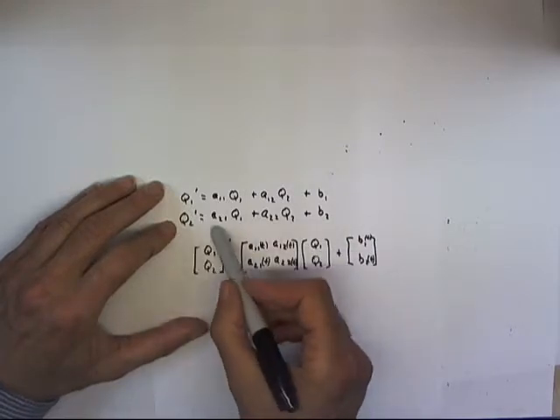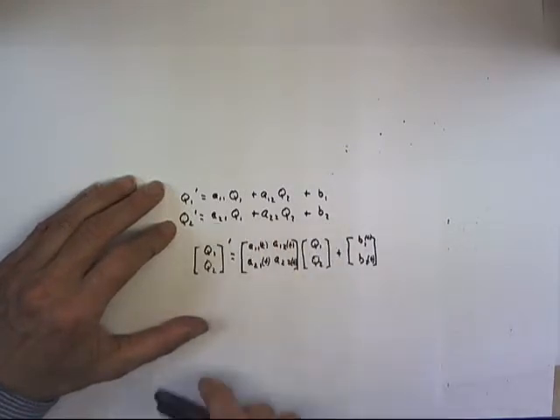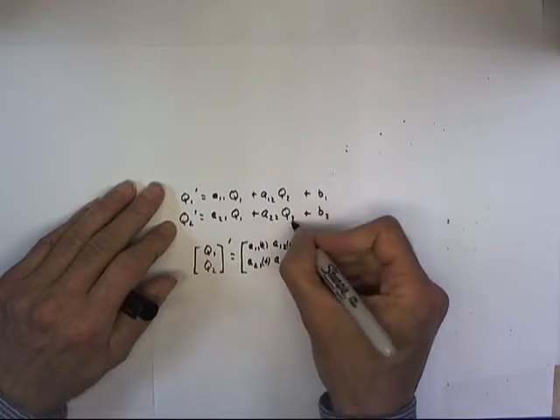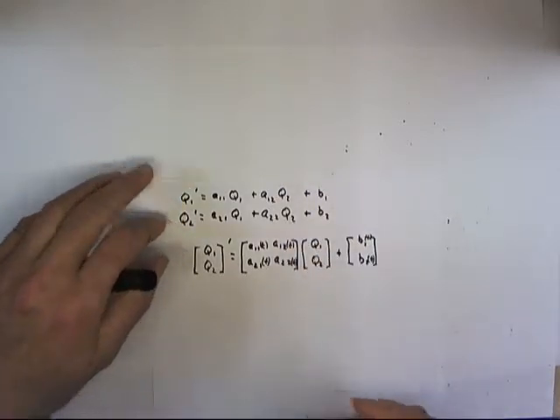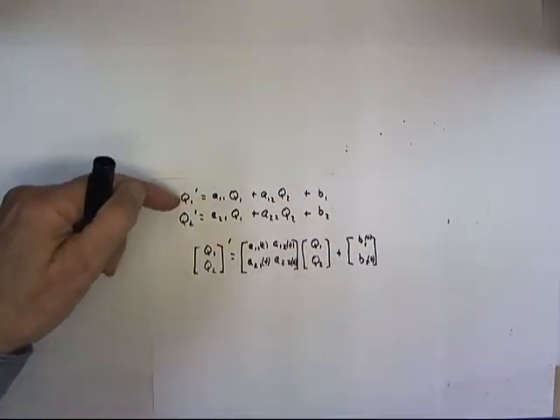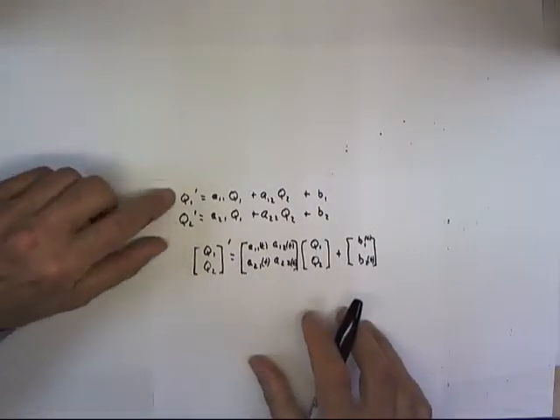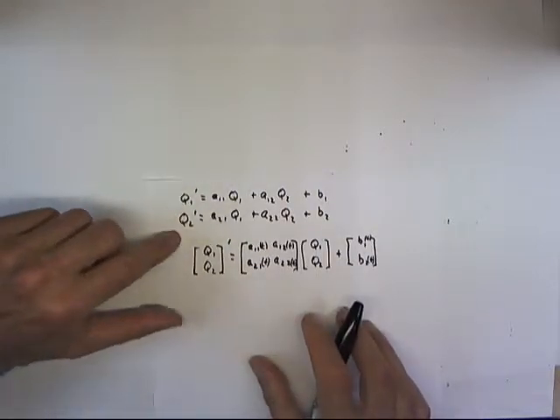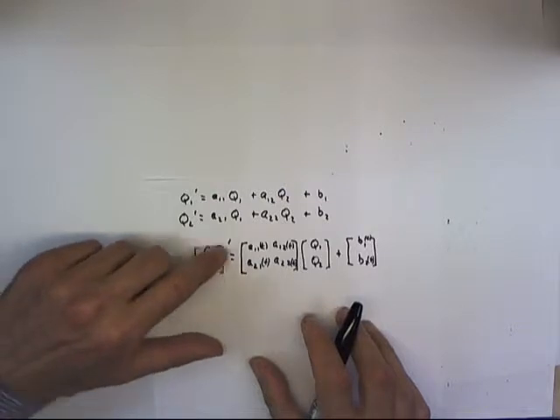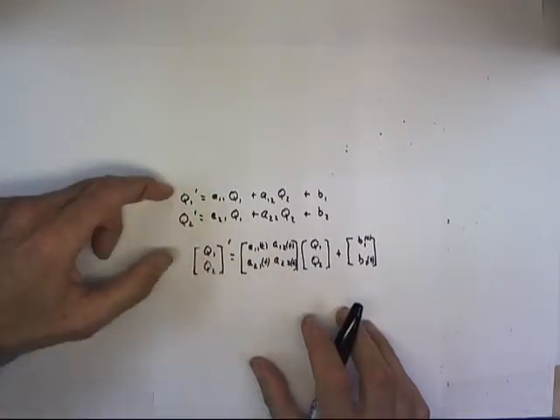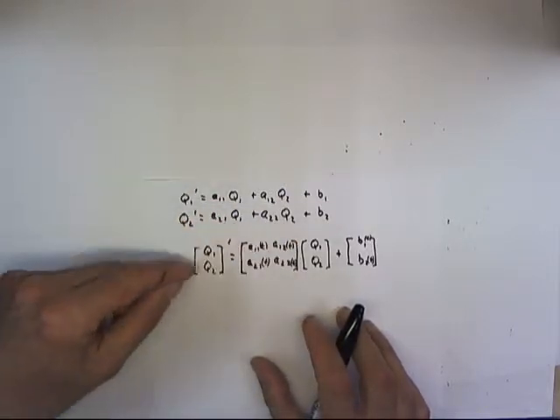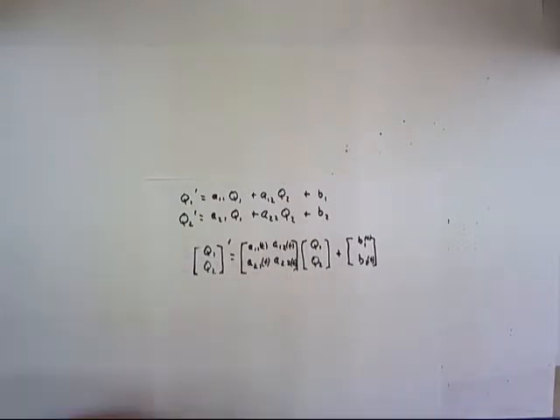Q2 prime could then be written in this form. And of course I've written the coefficients in such a way that it's natural to translate this into a matrix equation. So the matrix equation is just what we get if we let the left-hand side be the column vector Q1, Q2 prime, which gives us Q1 prime for the first row, Q2 prime for the second row.